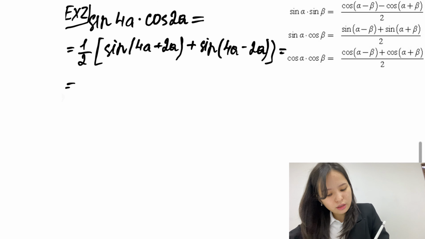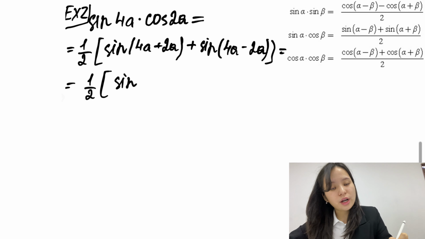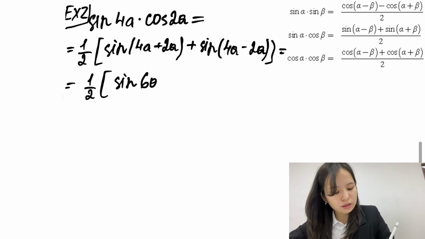Let's simplify. It's equal to 1 over 2 times sine 6a plus sine 2a.